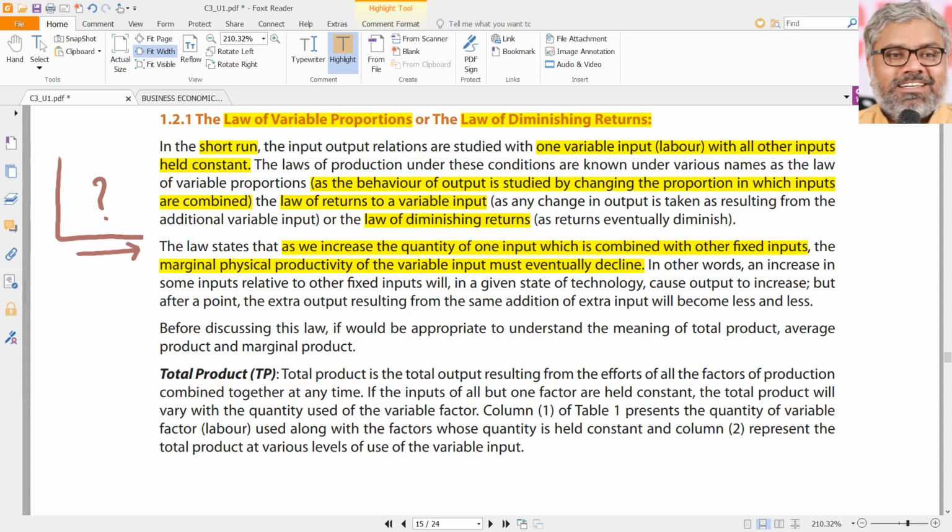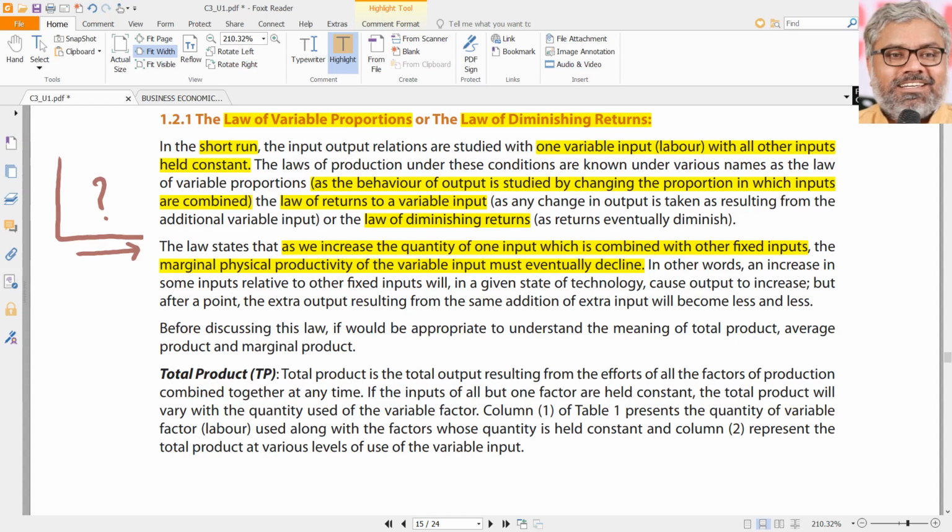So the recruitment of one additional labor will result in some additional production, definitely yes. That additional production will not stay the same or keep increasing eventually over a period of time. When you keep on increasing the number of inputs, the marginal or additional productivity that is generated by the additional units of inputs is going to decline, that is going to diminish.